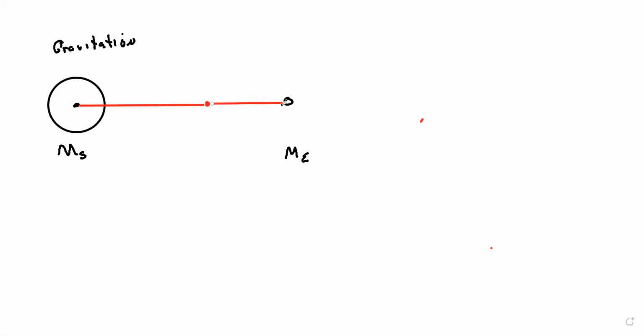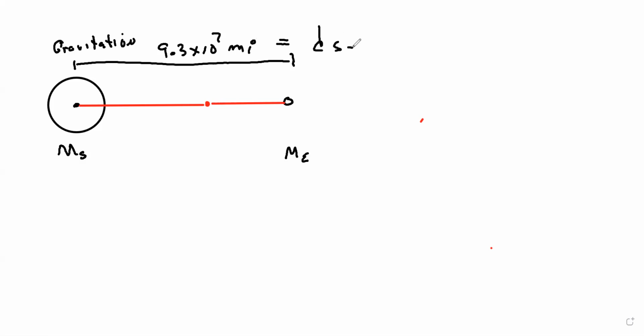So we know that the distance from the sun to the Earth is 9.3 times 10 to the 7 miles in total. This would be the distance from the sun to the Earth. And we know that the mass of the sun is 3.24 times 10 to the 5 masses of the Earth.